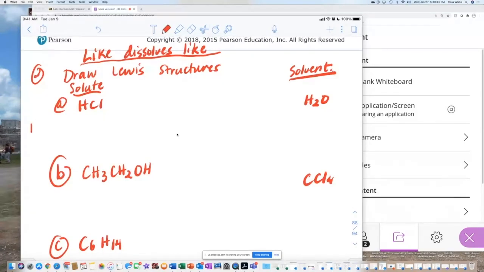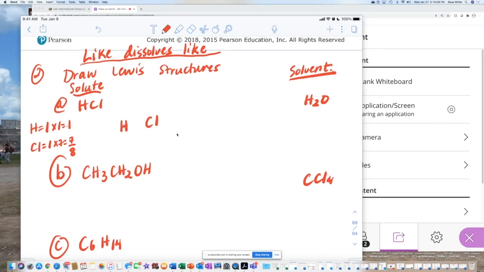Lewis structure. Hydrogen, I only have one, and hydrogen is in group one, so that's one. Chlorine, I only have one in the structure. Chlorine is in group 7, so I have 7 here. I add this up and end up with 8 electrons. When I'm drawing this, hydrogen cannot be in the middle, so chlorine will be in the middle and hydrogen on the outside.